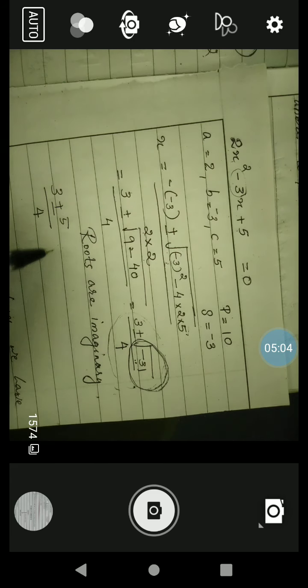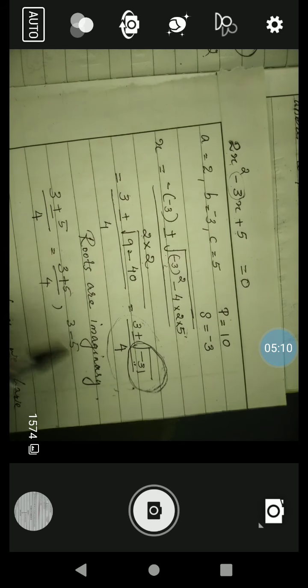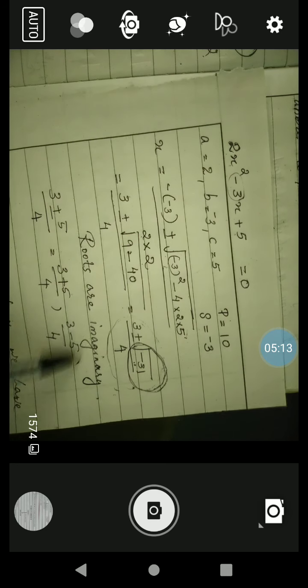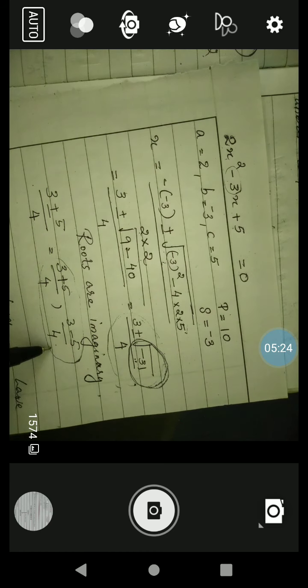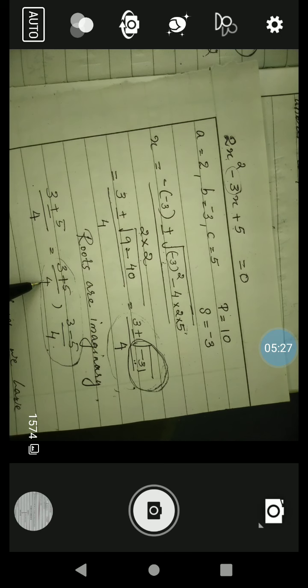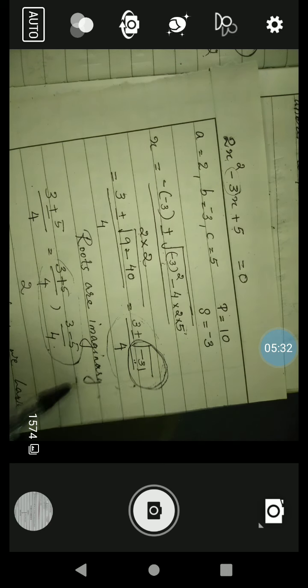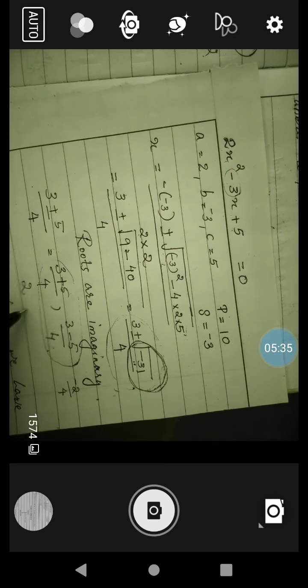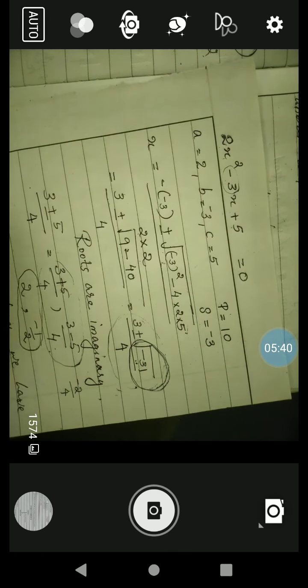That is 3 plus 5 by 4 and 3 minus 5 by 4. So you will get two different values for x. 3 plus 5 is 8, 8 by 4 is 2, so we get one value 2. Here 3 minus 5 is minus 2, minus 2 by 4 is minus 1 by 2. So we get two different values of x.